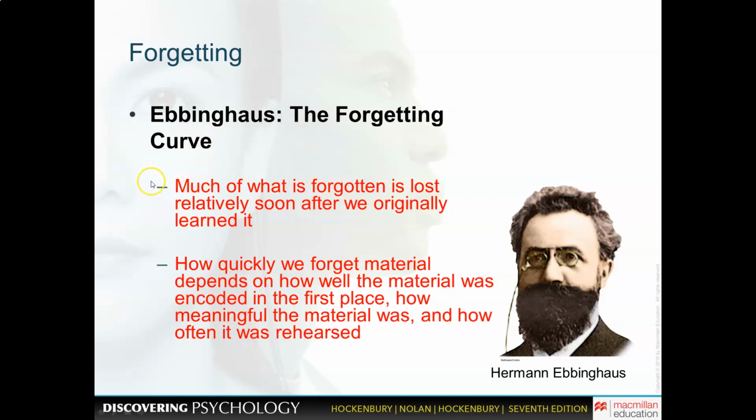So he basically proposed that much of what is forgotten is lost relatively soon after we originally learned it. And second, how quickly we forget material depends on how well the material was encoded in the first place.